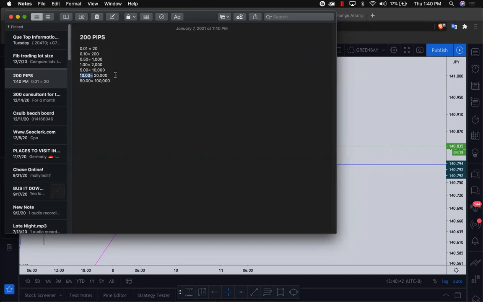And then look at this. Things get more different. When you throw a 10 lot, you'd have made 20,000, if you knew exactly what you were doing, you had enough capital, and everything was being maintained properly. If you knew exactly what you were doing and you threw a 50 lot, you could have made 6 figures.